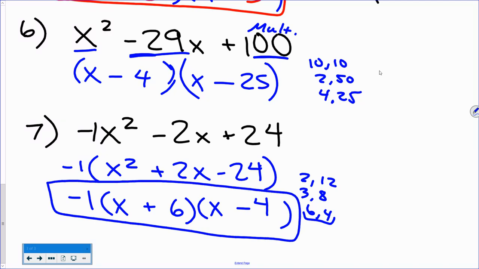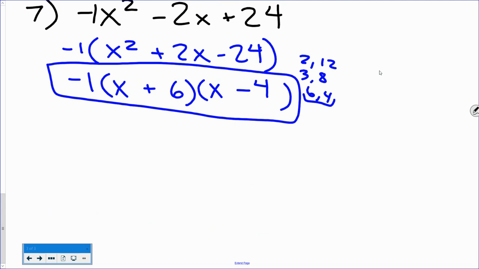All right, we're going to look at some special forms for factoring. So factoring the difference of perfect squares.